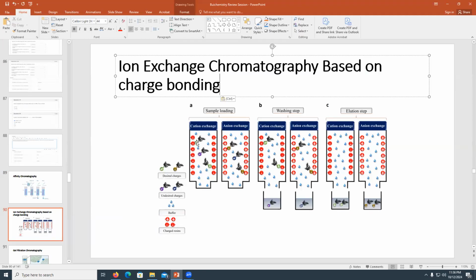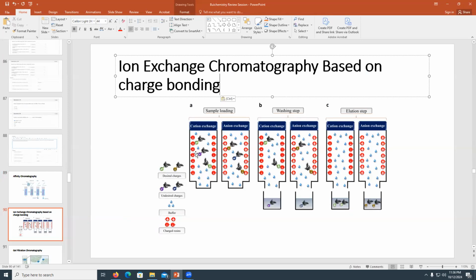So if I want something positively charged, my medium would be negative, so it can bind to it and catch it. Then I wash with my buffer. Cation exchange means I need to catch a cation, a plus charge, so the medium will be negative, so negative can bind the positive.